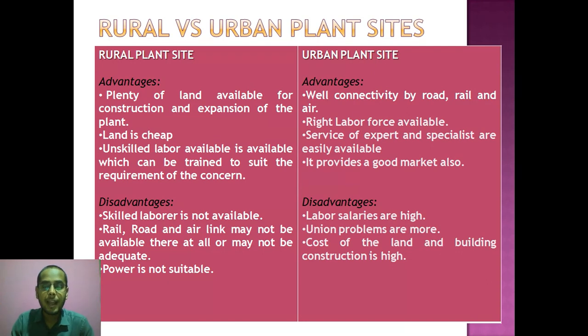In a plant where the working employees are more than 100, more than 1000, and there are a number of companies like that, they generally make a union, and that union works for the benefit of the employees or laborers working in the company.